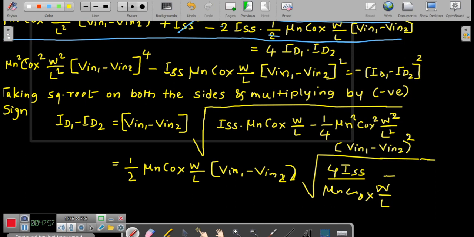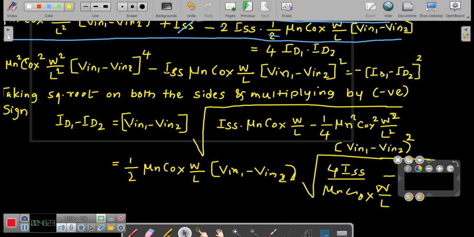V in 1 minus V in 2, this whole square. Please wait, I'll try to write it in a different manner here.